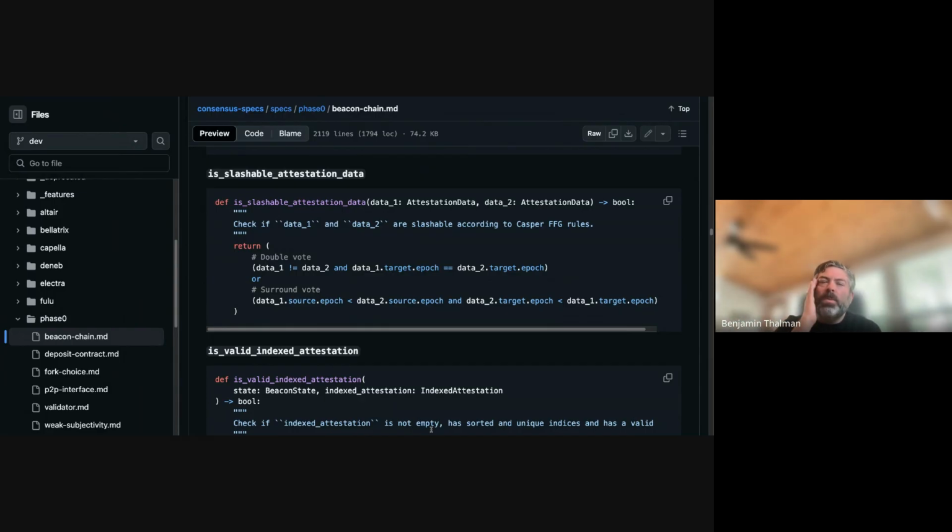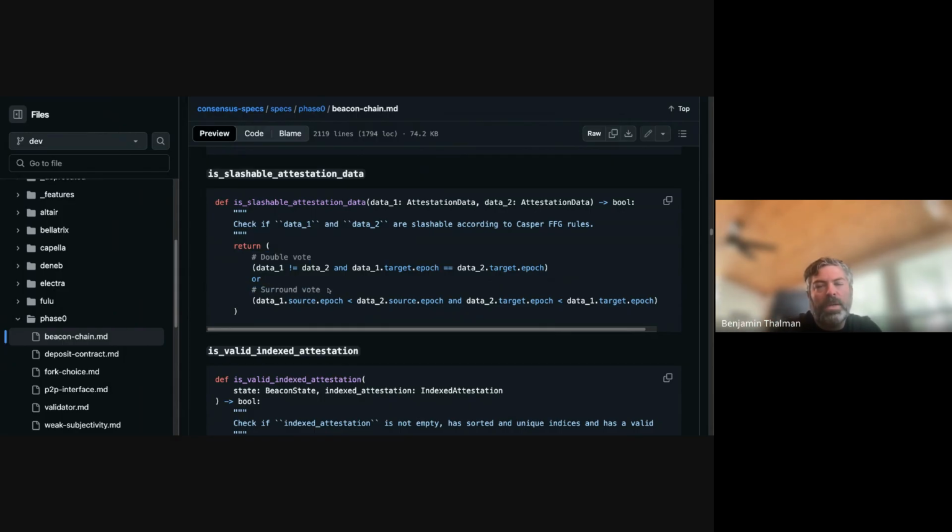Anyway, we've talked about proposals. Now let's look at attestations. Here is the function that checks for slashable attestations. You can see 2 different conditions here. Double vote, that's equivocation. Double signing, double vote. And surround vote.